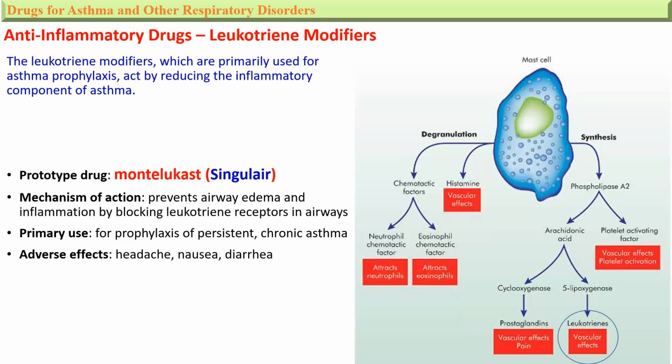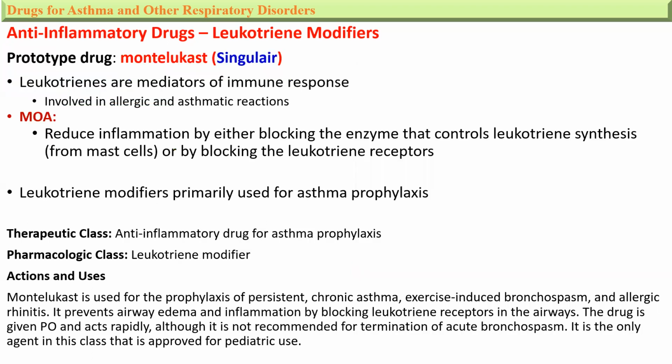So Montelukast or Singulair is a drug that prevents airway edema and inflammation by blocking the leukotriene receptors in the airways. Leukotrienes are mediators of the immune response, the same mechanism that is involved in allergic and asthmatic reactions.